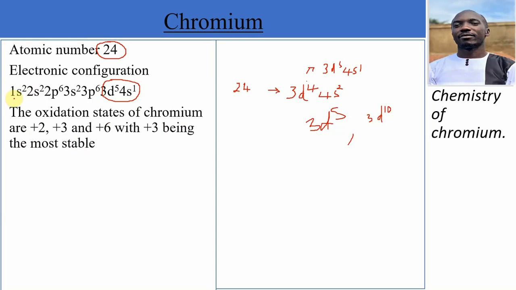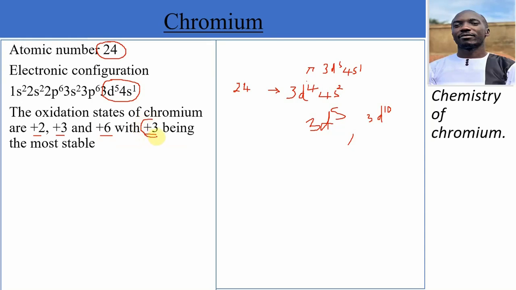Then, given it is a transition element or a transition metal, it has variable oxidation states. It has +2, it has +3, it has +6. And we say that +3 is the most stable one. So amongst all the oxidation states of chromium, +3 is the most stable.